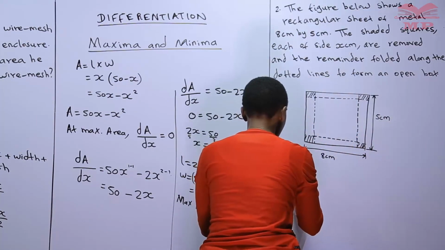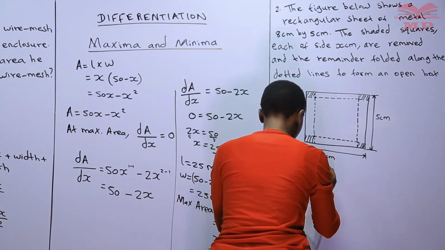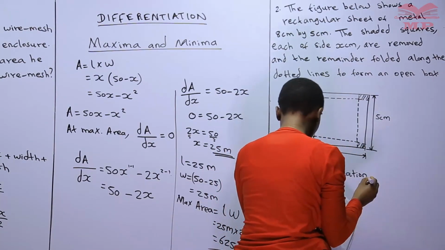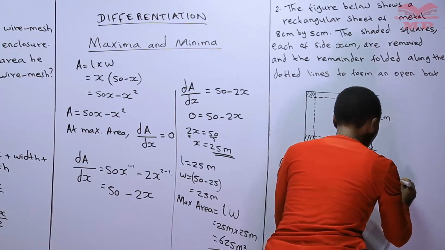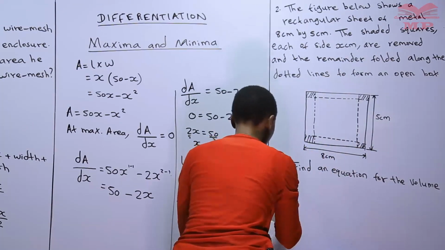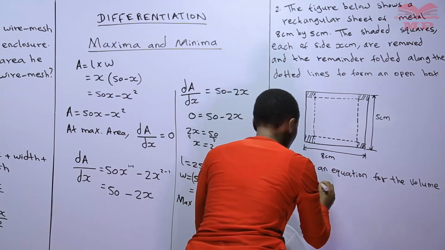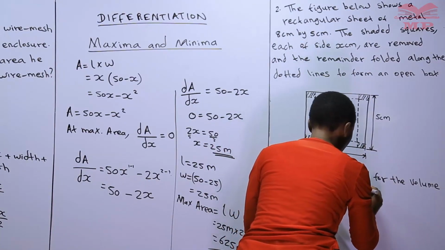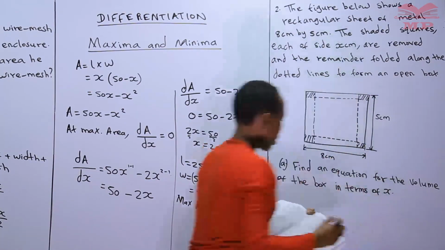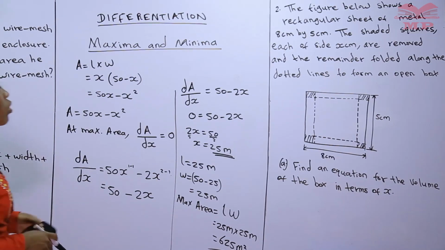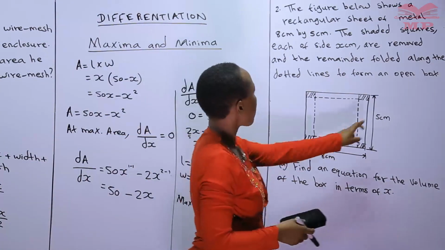So part A, find an equation for the volume of the box, in terms of x. So that's the first part. We have a rectangular sheet of metal. The side is 8 by 5.